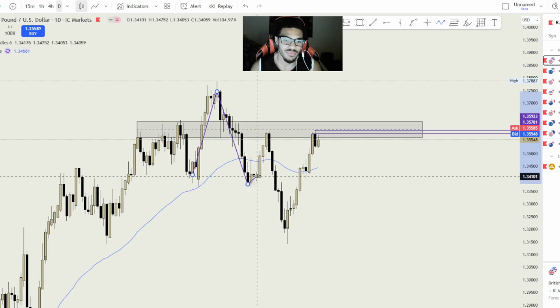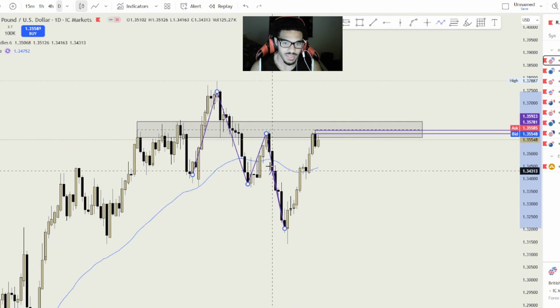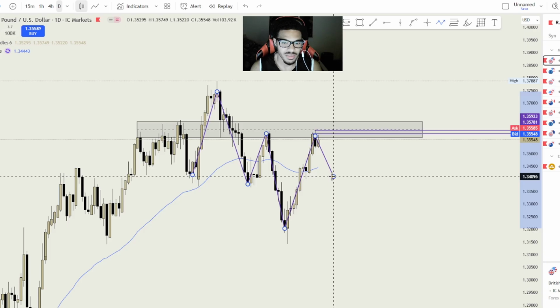What we have done is create a pullback, retest off the zone, and then we had a nice big push down again. We haven't broken this structure point yet, but price has come back up to this zone again. I'm either thinking price has come back to the zone to create the second part of the shoulder, which will be like this.